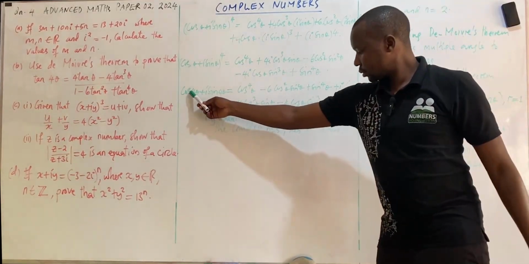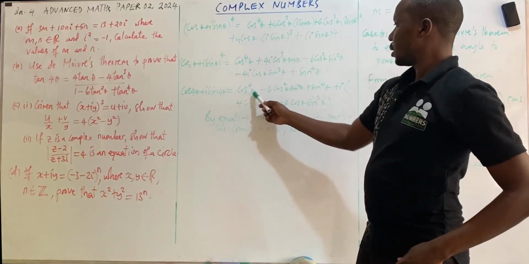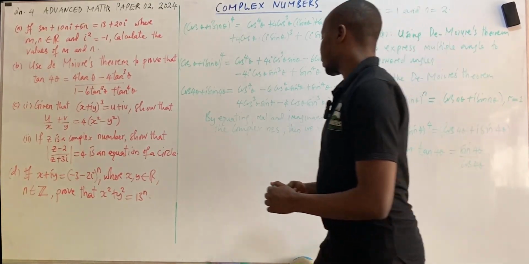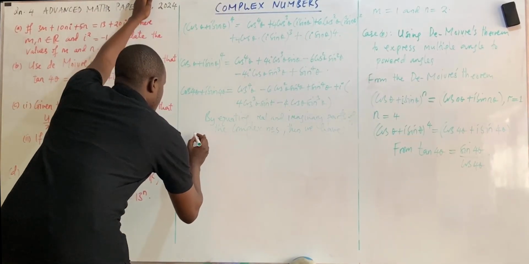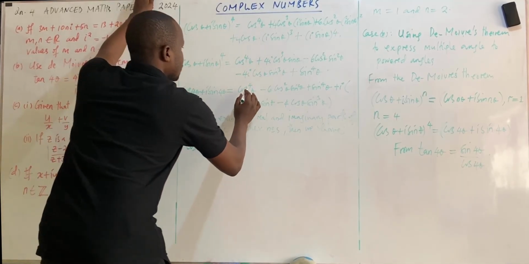So this is going to be compared with the imaginary, because cosine belongs to the real part. So it will be the cosine of 4 theta equals to what?